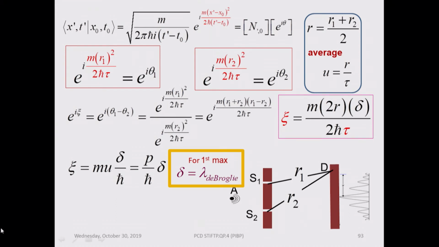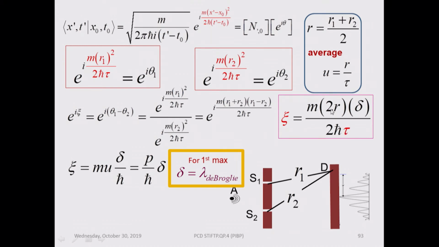If you look at this expression for xi, you see that 2 cancels. R over tau is like the average speed, okay? M times average speed is like the classical momentum mu, which is coming here, and then you have mu delta over h cross, right?